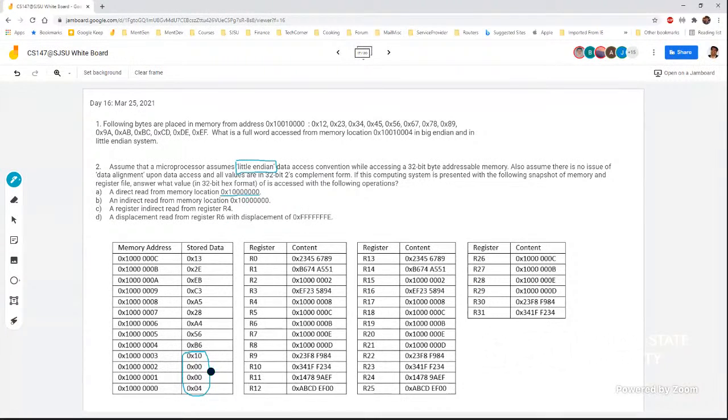Direct means from that address, we are just picking up that data and using that as the data. So essentially for A, it will be 0x10000004.